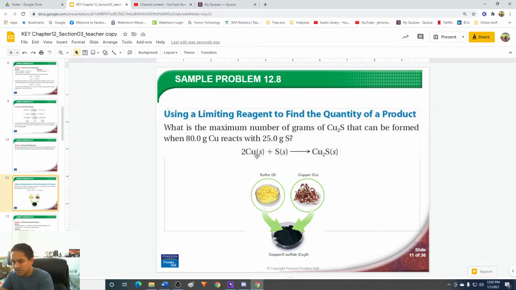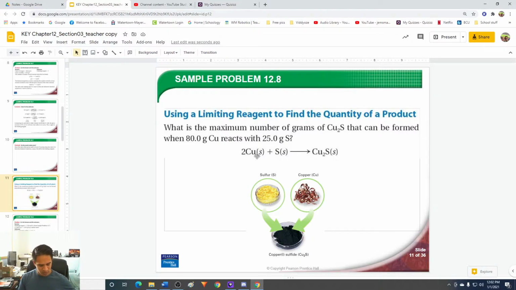So this problem is basically saying, you figured out that copper is limiting. But if copper is limiting, then how much product can you make? We're going to do the math again on paper, taking the amount of copper we're beginning with and doing a calculation to go from grams of copper to grams of copper 1 sulfide.